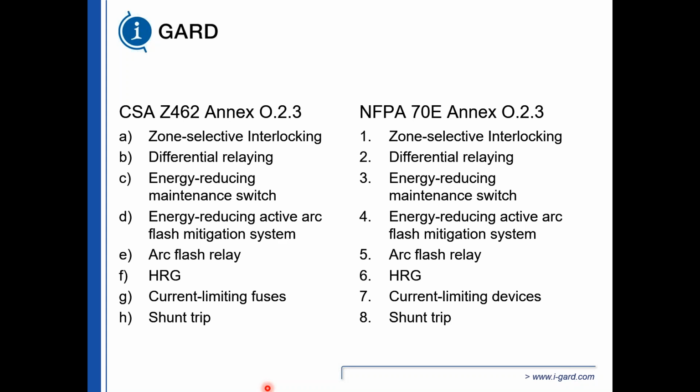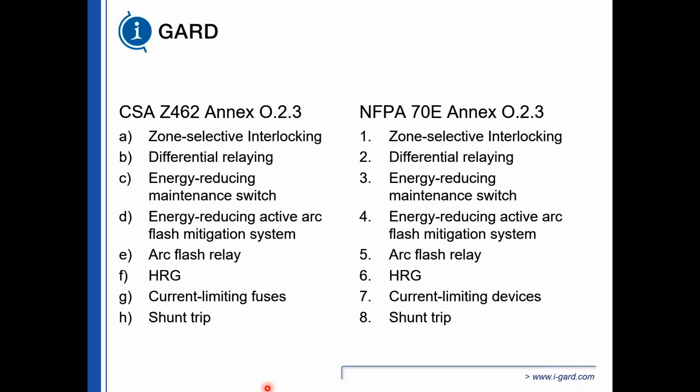Energy reducing active arc flash mitigation system. This is probably one of the only systems that can reduce your time to clear the fault lower than the operating conditions of the switchboard or the protective device.